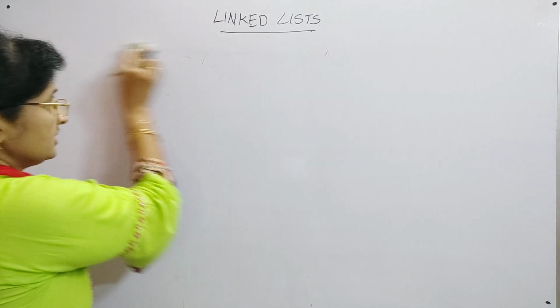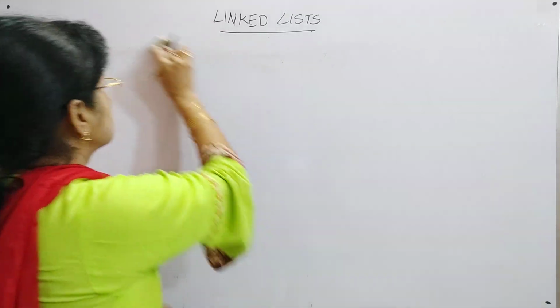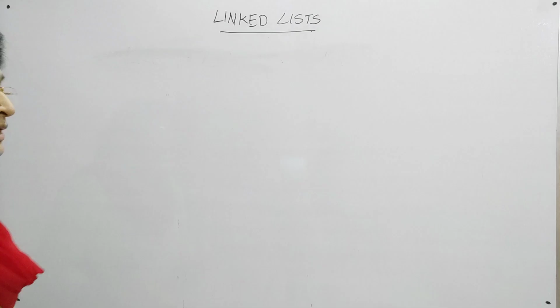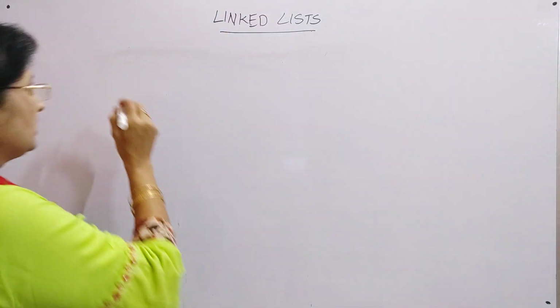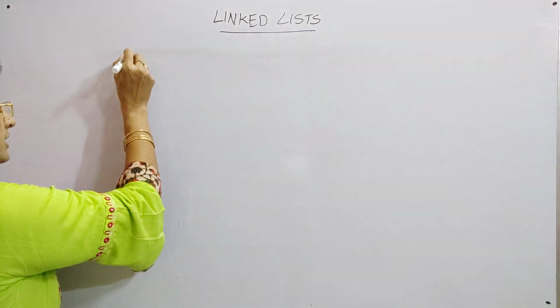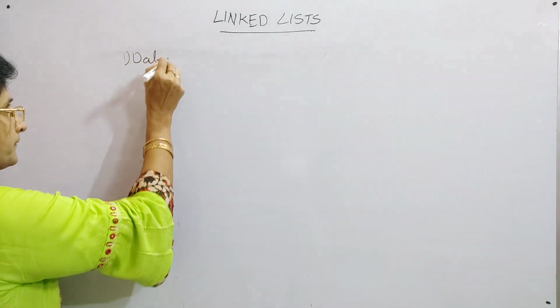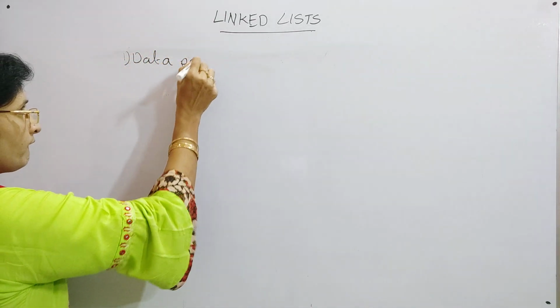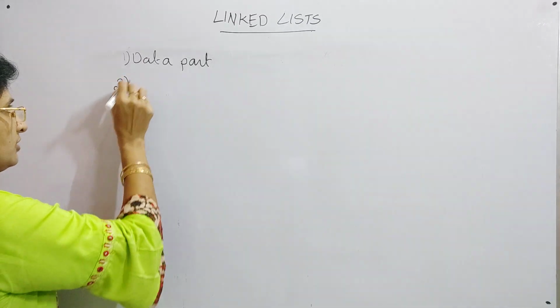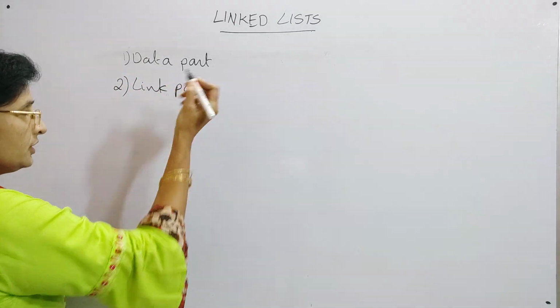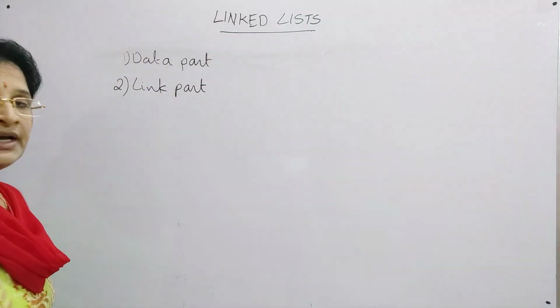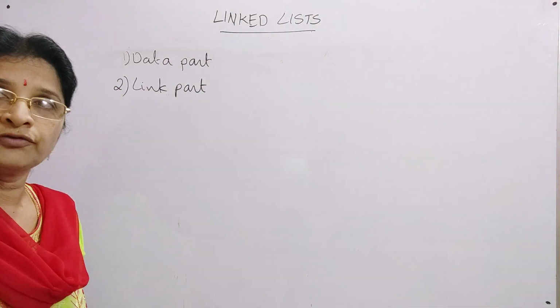So in the case of a linked list, first of all, it has two parts. One is called the data part and the other one is the link part. We say that a linked list is a collection of nodes.